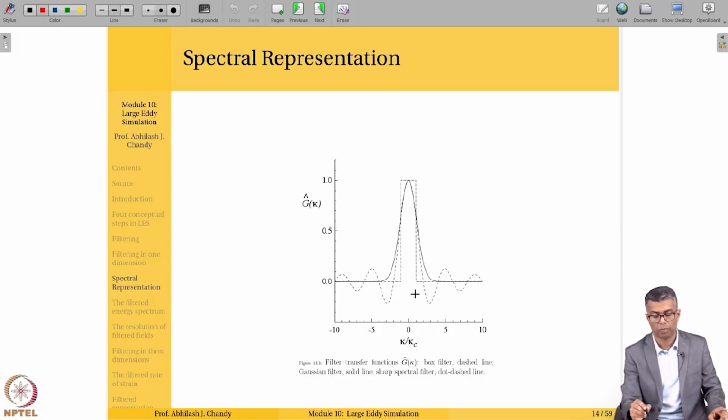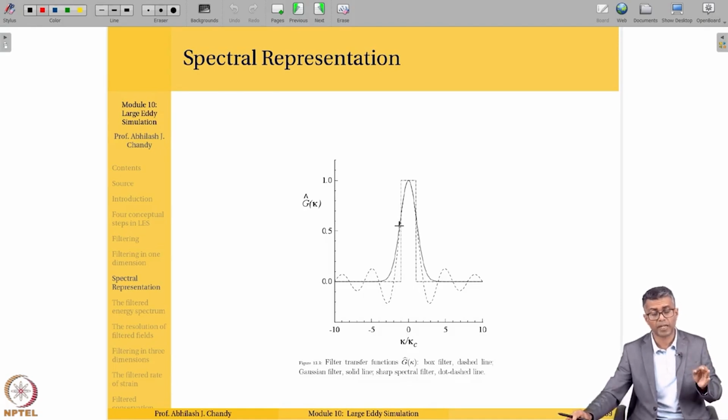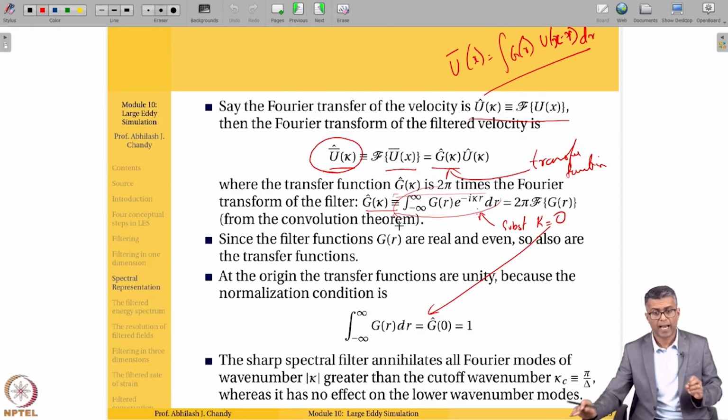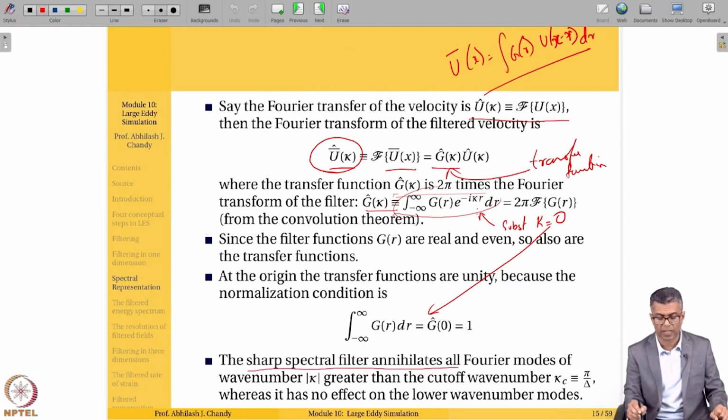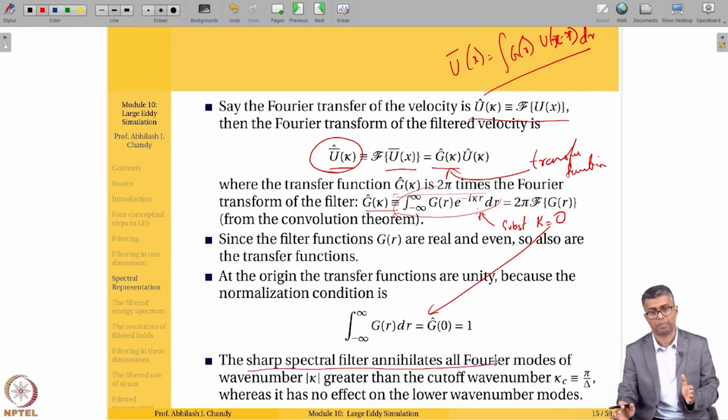And then your Gaussian function is again the solid line here, which we know is an exponential function. So those are three examples for the transfer function. And what the sharp spectral filter does is it basically destroys all Fourier modes that are greater than the cutoff wave number kappa c. So kappa c corresponds to your filter width.